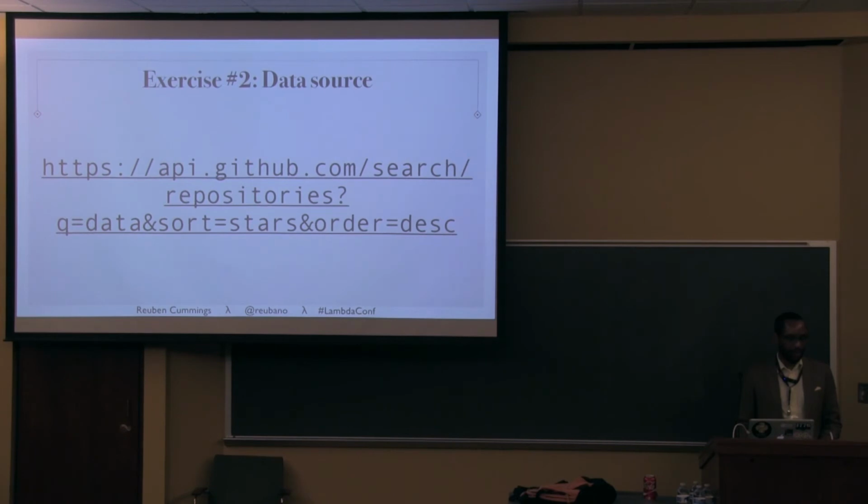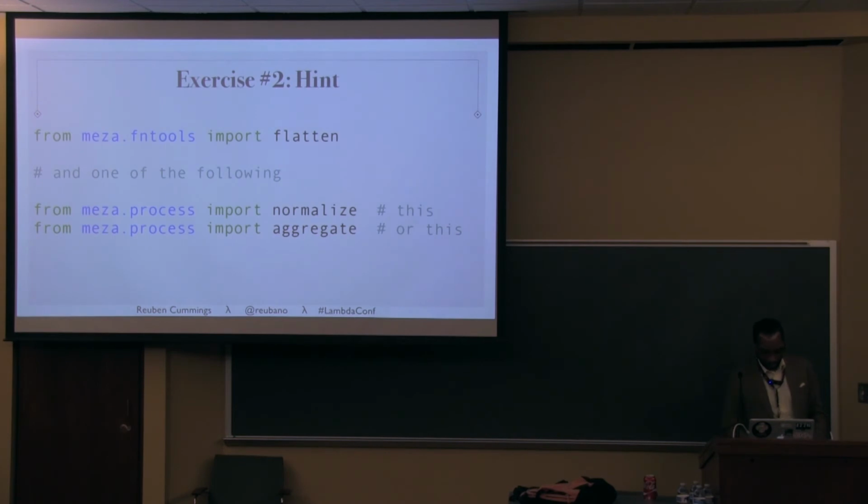It only matters if you want to get exactly the same answer that I got. Any call to the API will let you do what you need to do. But this is the URL that I used, and it's also in the files. If you're in the exercises file, the URL is already there.